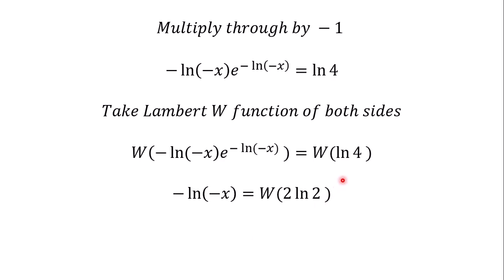Good. As we did for the other part, this 4 here can also be written as 2 raised to the power 2, and 2 raised to the power 2, applying the law of logarithm, can also be written as 2 times natural log of 2. The motive is to get rid of this W, or to suit the function.